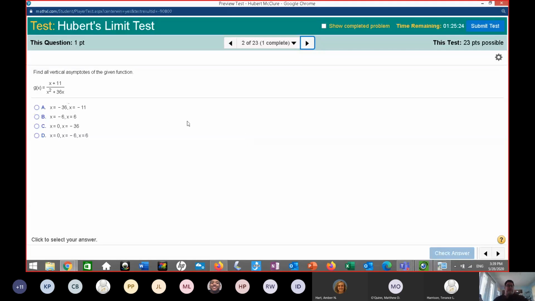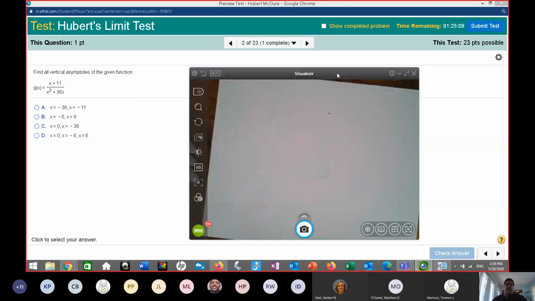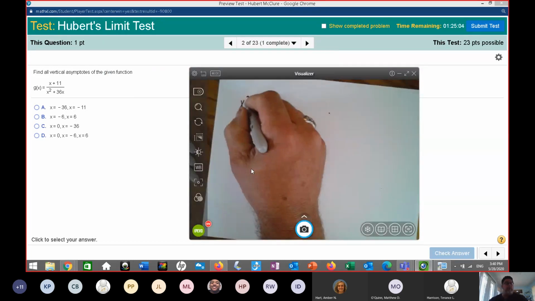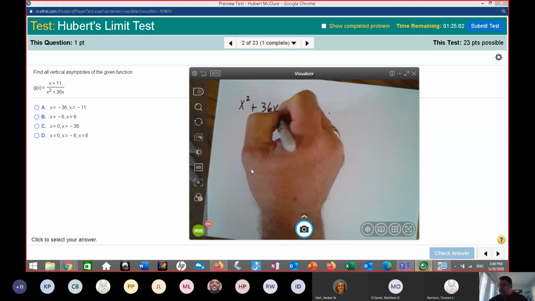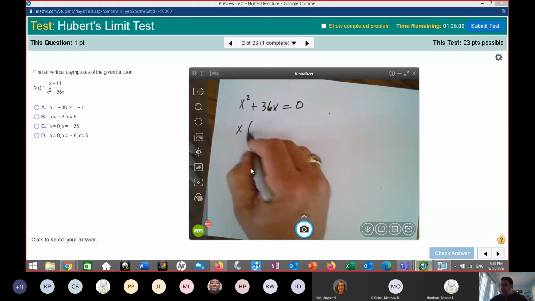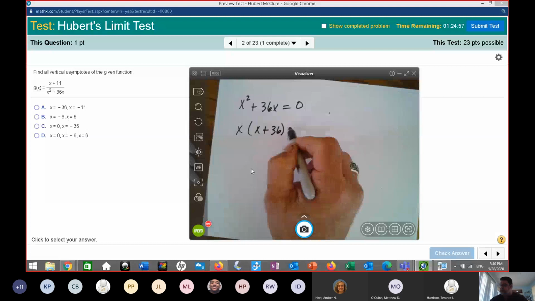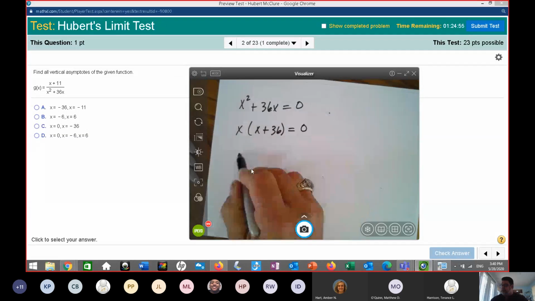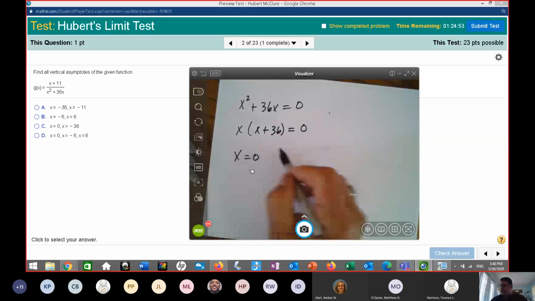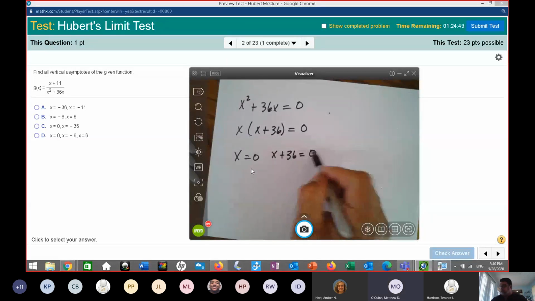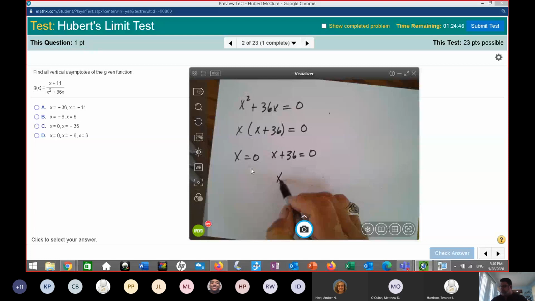And there's your first limit question. Find the vertical asymptotes. Boy, that's difficult. I told y'all I would give y'all vertical asymptotes and horizontal. So g of x, let's put up our handy dandy. x squared plus 36x is equal to 0. x plus 36 is equal to 0. x is equal to 0. x plus 36 is equal to 0. x equals negative 36.